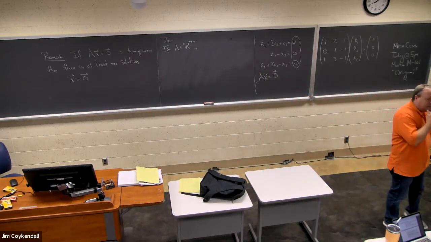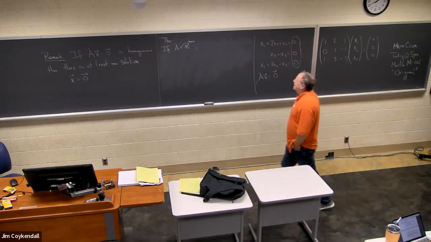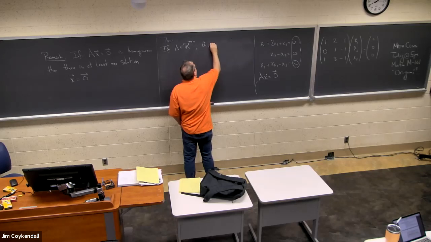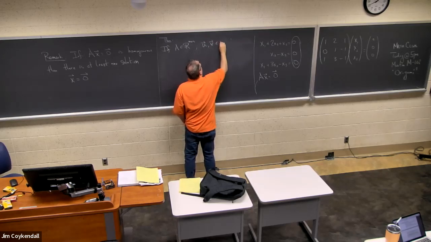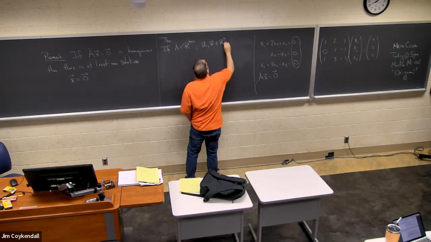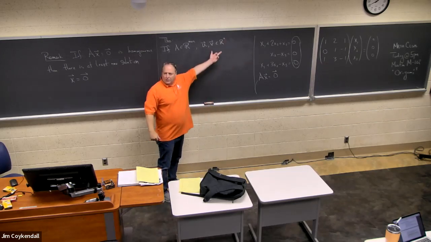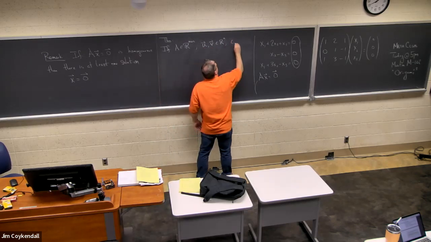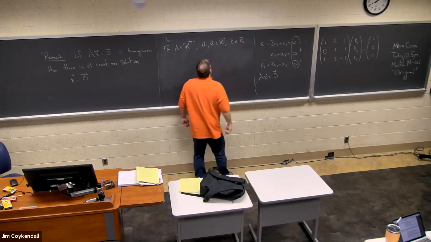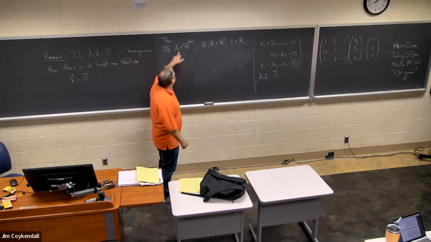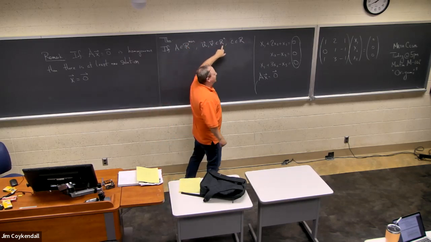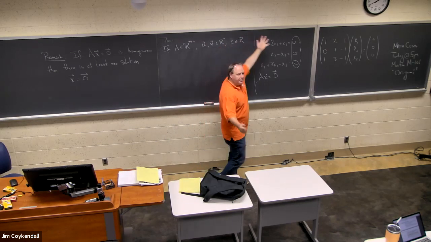So A is an n by n matrix. Let's say that U and B are n-dimensional column vectors, and C is a real number. So let me read the symbolism here. A, n by n matrix with real entries. U and B, n-dimensional vectors. And C, just some number.